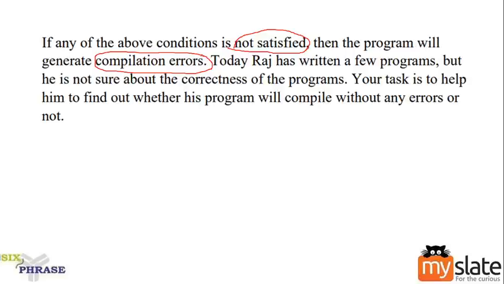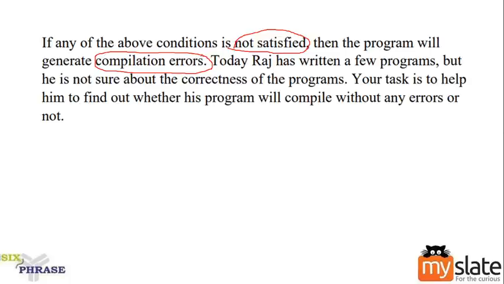Even if we miss a semicolon or if printf is typed wrongly, in all those cases we will have compilation errors generated because of some syntax mistakes, right? So this job is actually done by the compiler. It will check whether your program has any compilation errors.